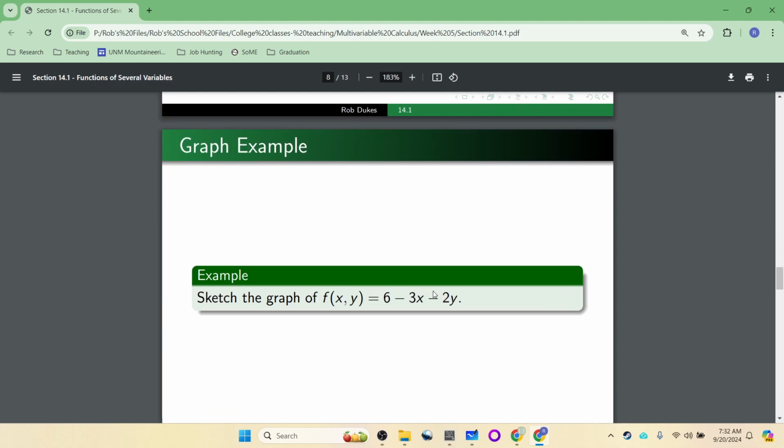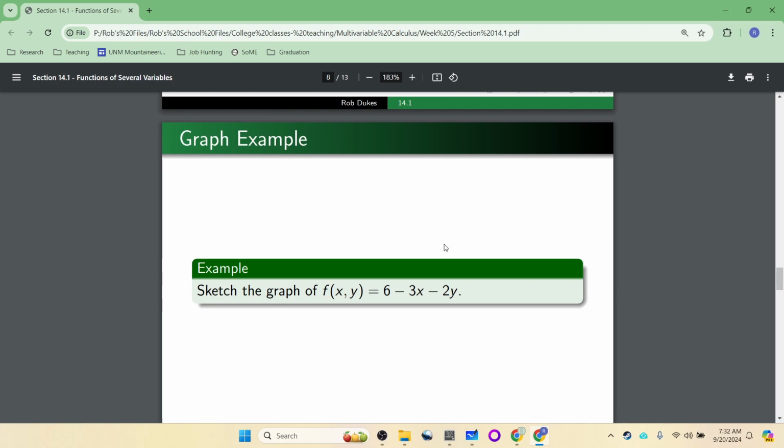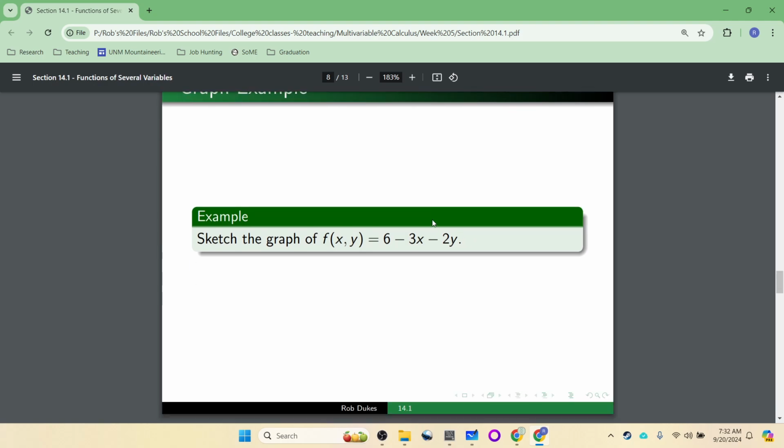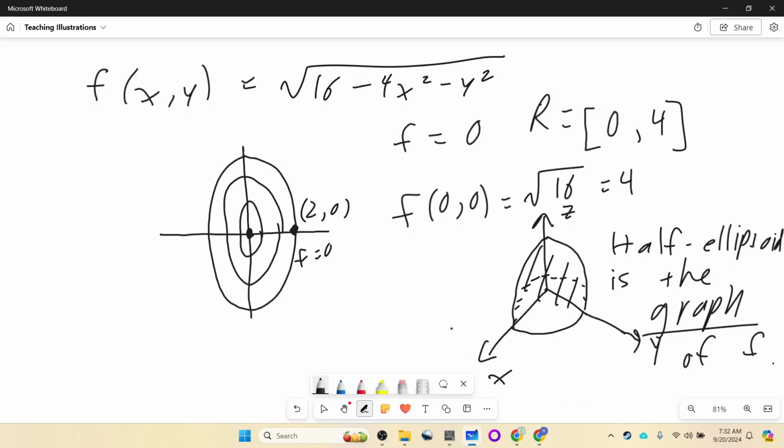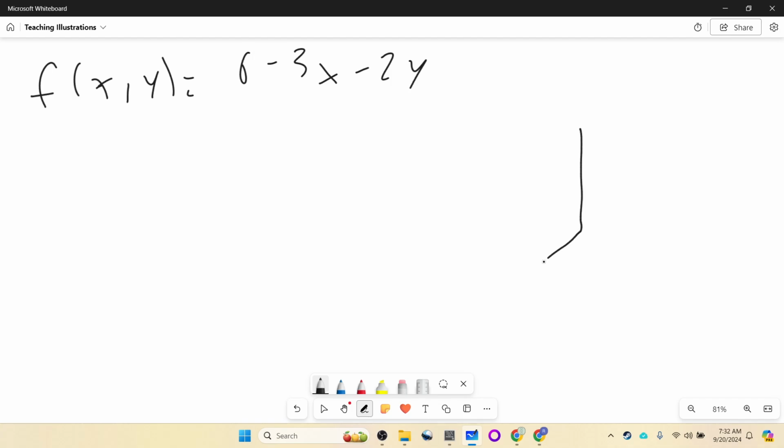So let's draw a graph. Sketch the graph of f of x, y equals 6 minus 3x minus 2y. Well, this is dealing with planes again. So we need to get some points that are on this graph, which are x, y, z triples. So we will plug in some points to get their corresponding z values. The easiest way to do this would be to get the intercepts.